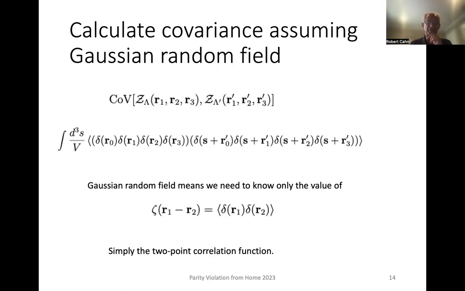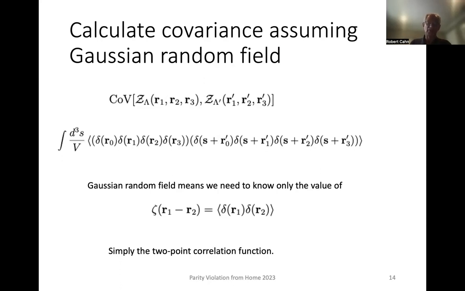And what's a Gaussian random field? A Gaussian random field is a field where every expectation value is simply the result of 2-point expectation values. There are no higher correlations than 2-point. And if you want to know what's the 4-point correlation, well, it's just a product of 2-point correlations. And so our expectation value of 8 deltas must be made up of 4 expectation values of pairs of deltas.